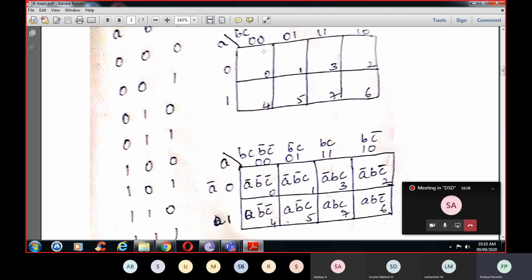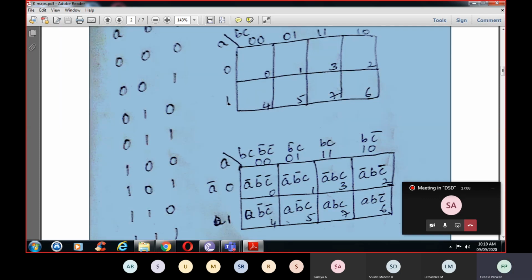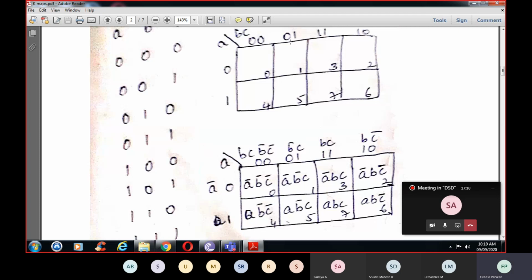In the same way, 1 0 0, corresponding row, corresponding column, this becomes 4. In the same way, 1 0 1, this row, this column, it is 5. 1 1 1 is 7, and this is 1 1 0, it is 6.